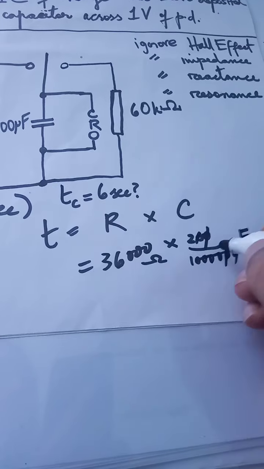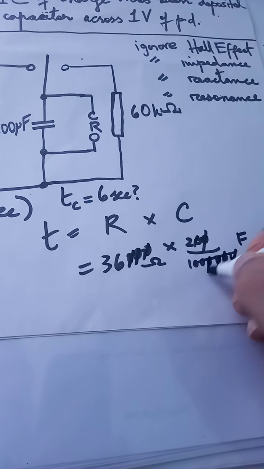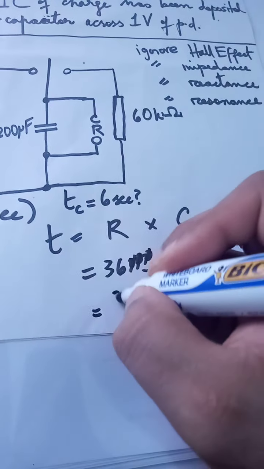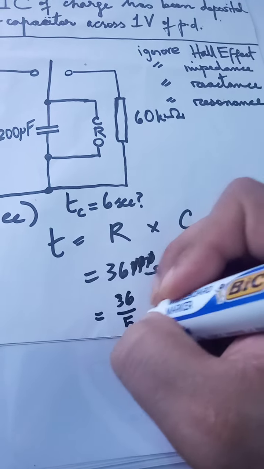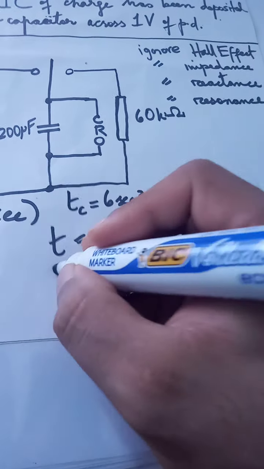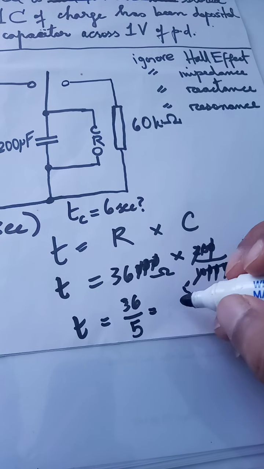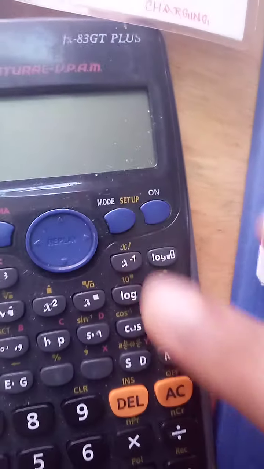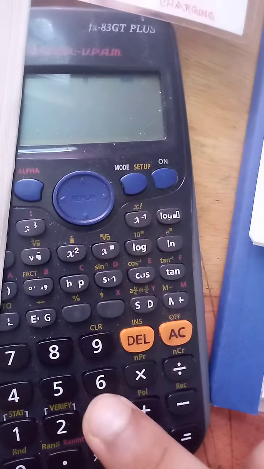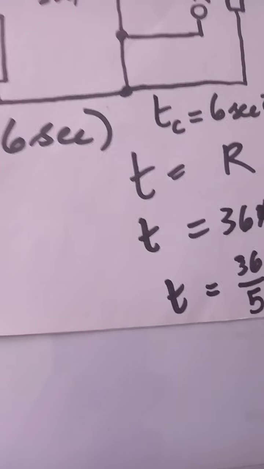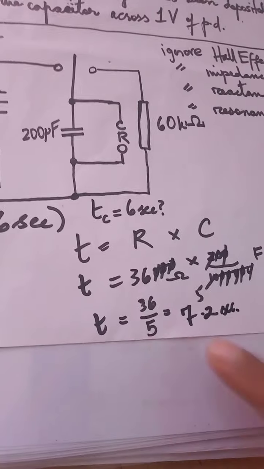Cancel: 36 over 5, roundabout 7.2. Roundabout 6, because it's never perfect in real life.